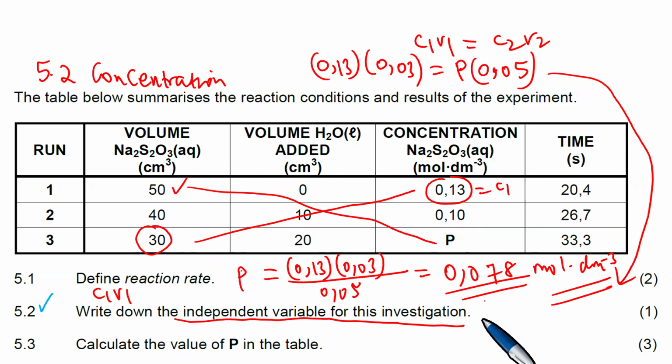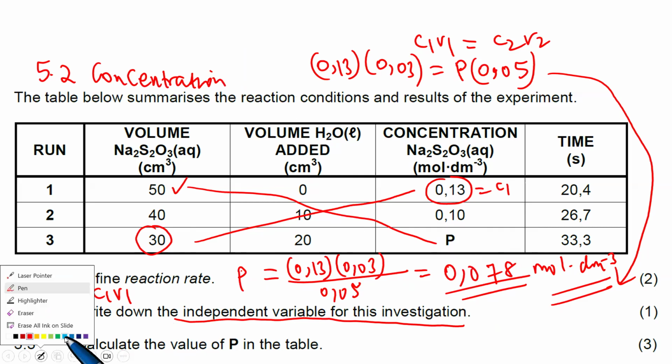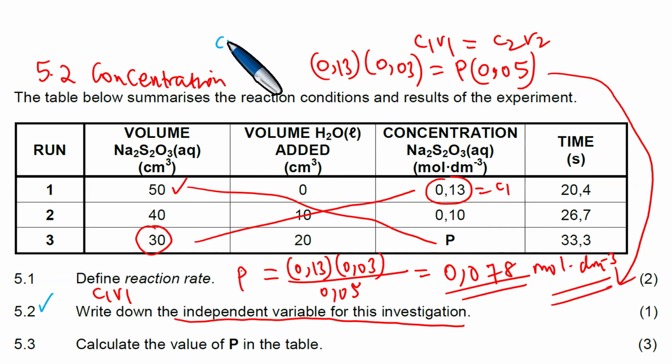You can also write these things in terms of ratios: C1 over V2 is C2 over V1. If these two ratios are equal, then concentration 1 goes with this, and the 50 goes with that. Those are the ratios we use.